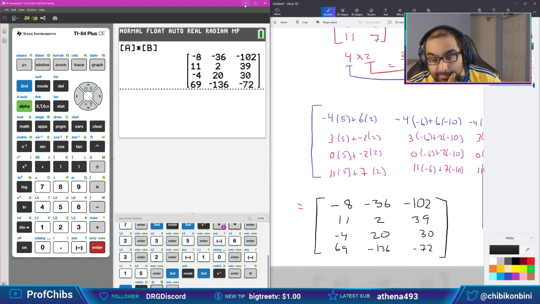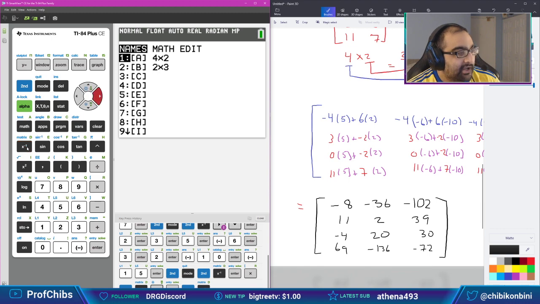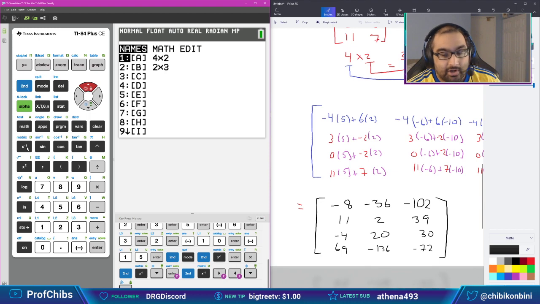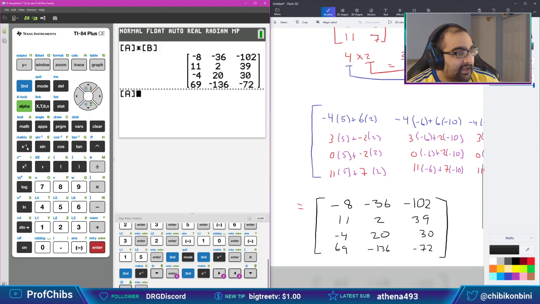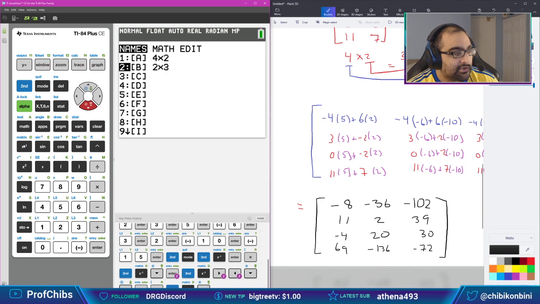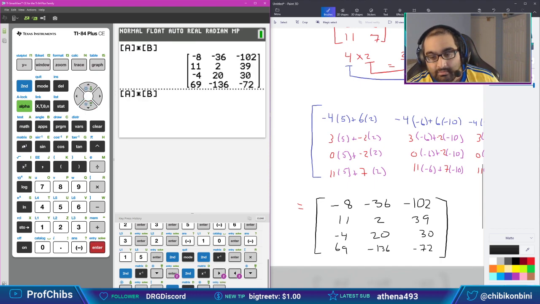You have to set up both matrices, Brian. So you have to go through the process that we did yesterday. You edit the two matrices, put in the numbers, and then you just call upon both matrices. When you say names, you go underneath A, whatever your matrix A is, and then you hit multiply, then second, matrix, and you call upon matrix B. That's all you have to do there, Brian.